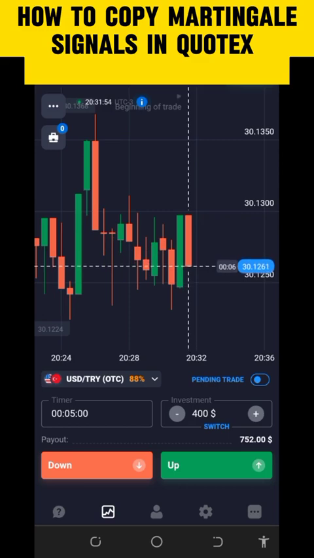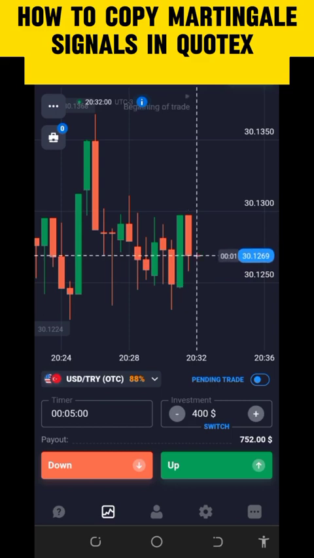Start your trade with $1, so that if you lose in the main trade and you double it to $2, that will be a $3 loss. And if you double it again to $4, that will now be 4 plus 2 plus 1, which is $7.